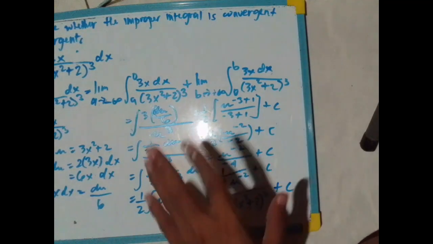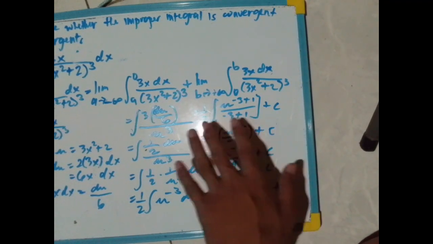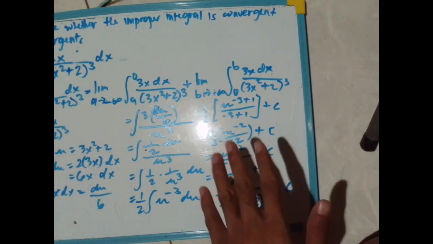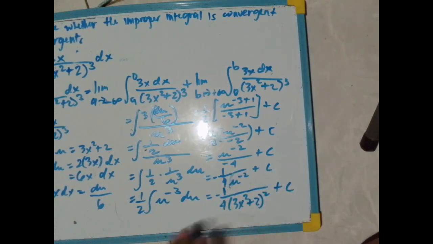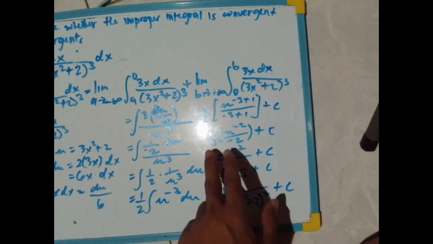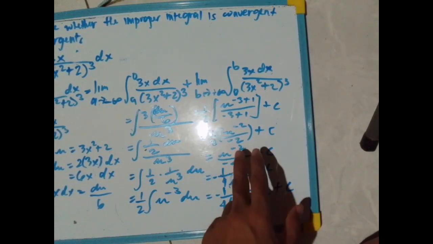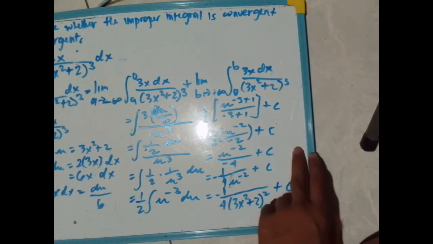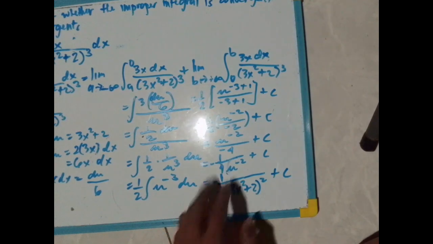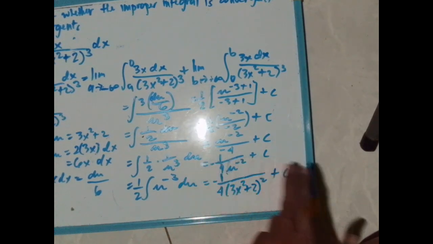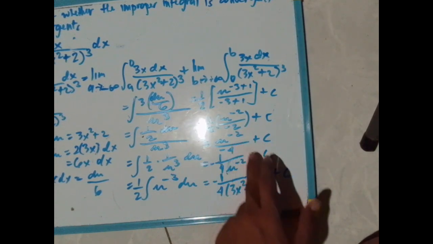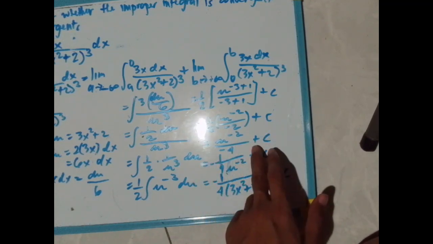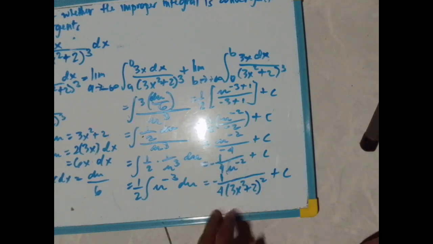So now we have 1/2 times u raised to -2 over -2 plus c. Simplifying, we have u raised to -2 over -4, because 2 times -2 is -4.